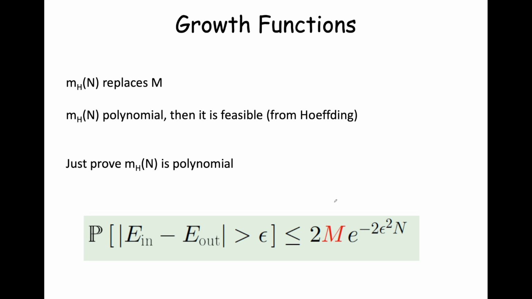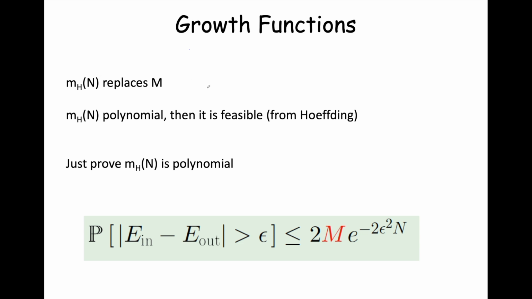And so we use our growth function as a measure of complexity of the hypothesis set, effectively counting hypotheses in terms of their ability to produce different labelings, to produce dichotomies. And so we use this growth function for hypothesis set H on a data set of size n as a replacement for M.